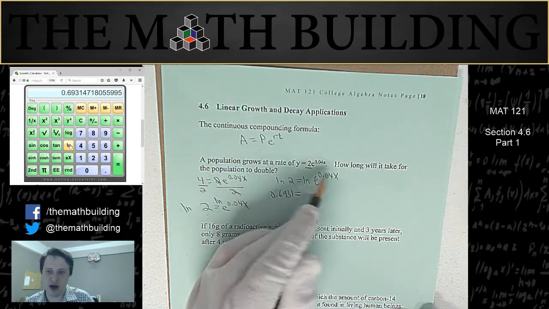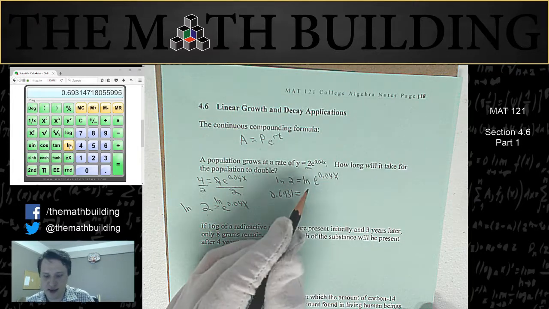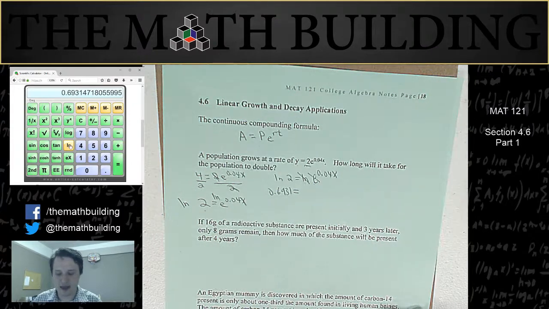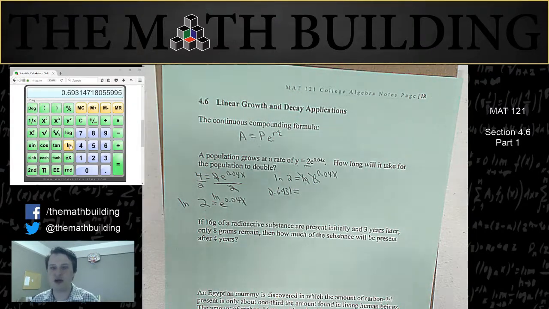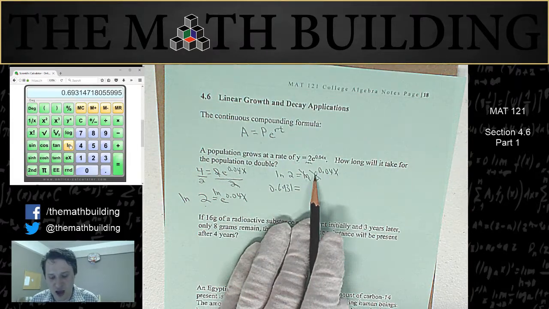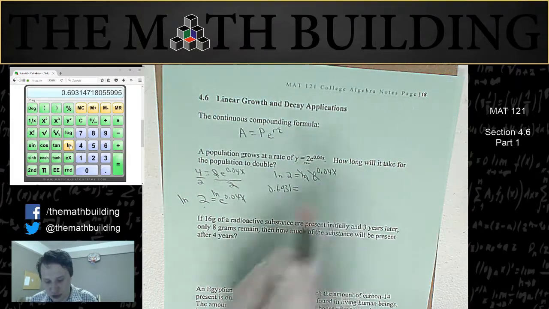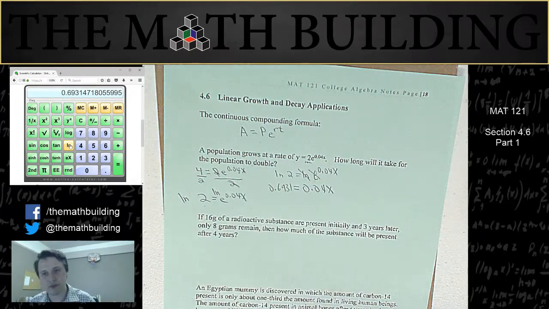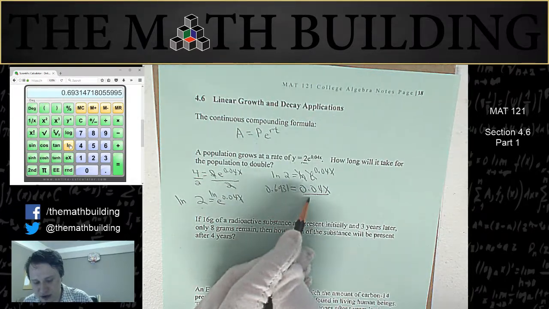Again, we took natural logs so that we could get this down. And the natural log and the e undo each other. They don't really cancel. They undo each other because they're inverses of each other. So if you have the natural log of e, they undo each other, and you're just left with 0.04x. One step away, divide by 0.04.